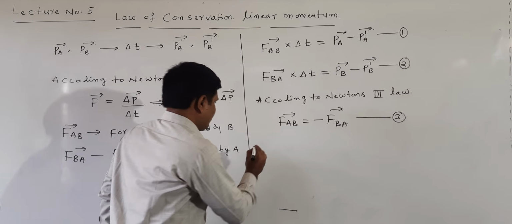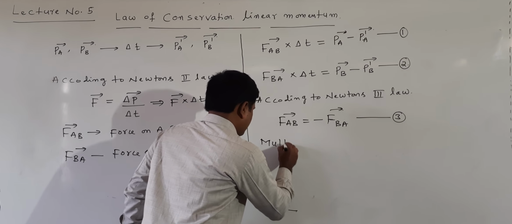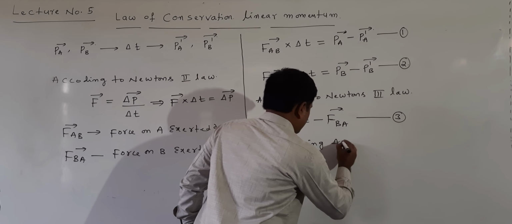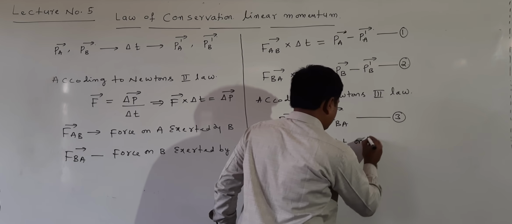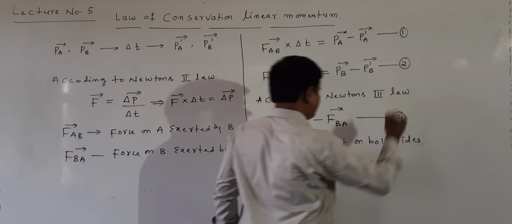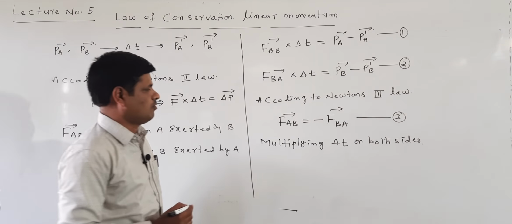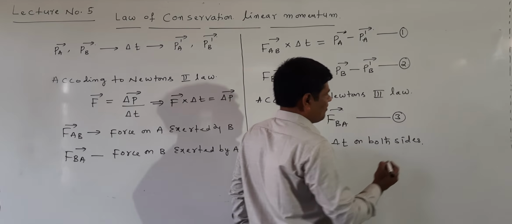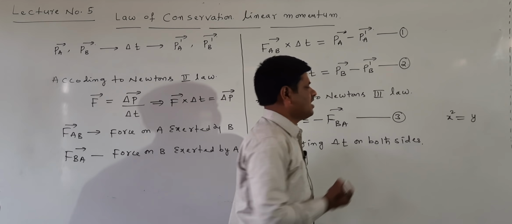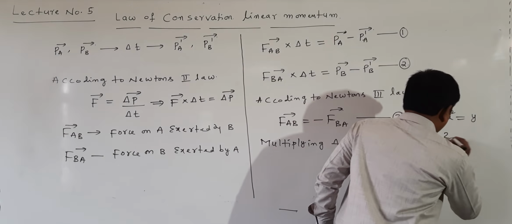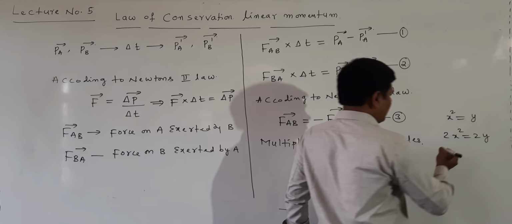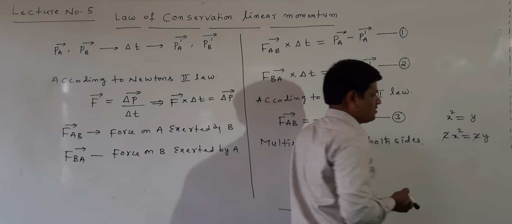Here, multiplying delta T on both sides of this equation. There is no change in the value. Suppose my equation is x square is equal to y. Multiplying both sides by 2, 2x square is equal to 2y. There is no change in the value; cancelling again, we get x square is equal to y.